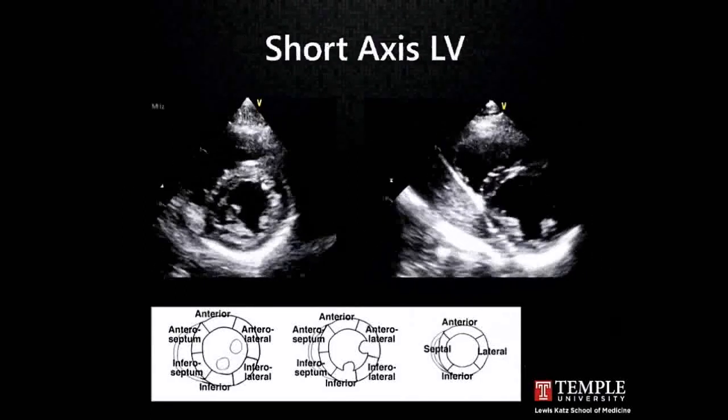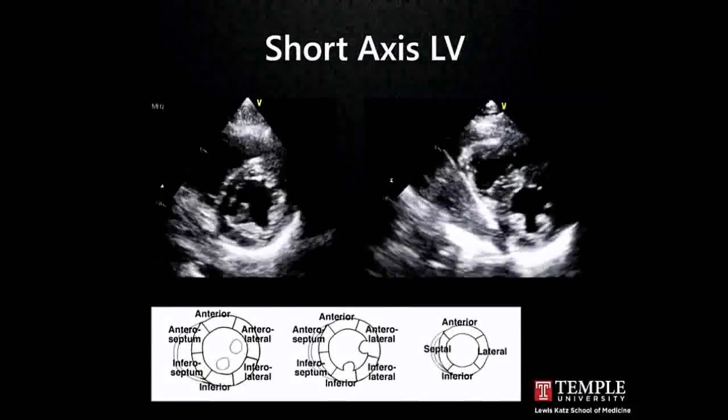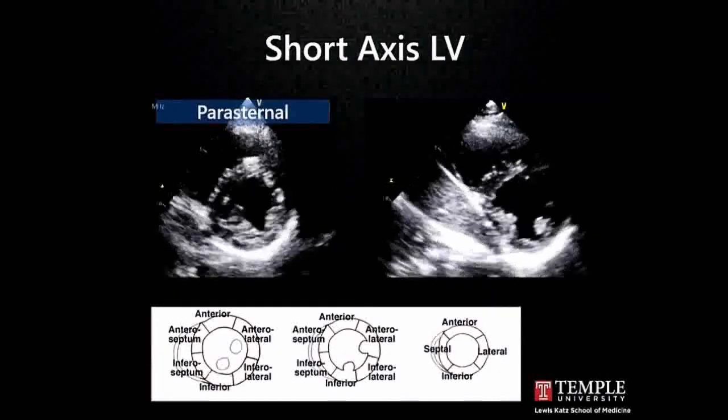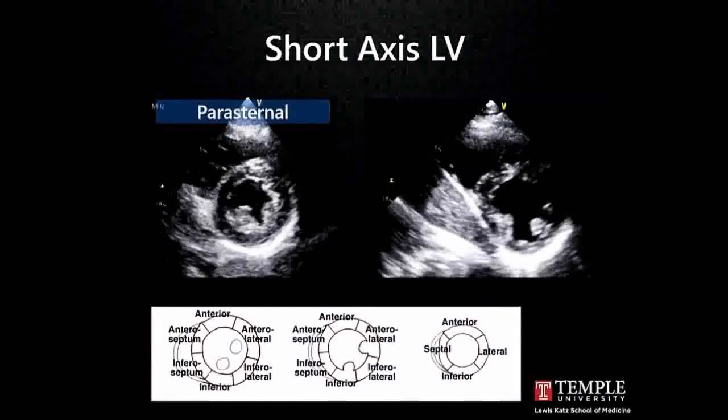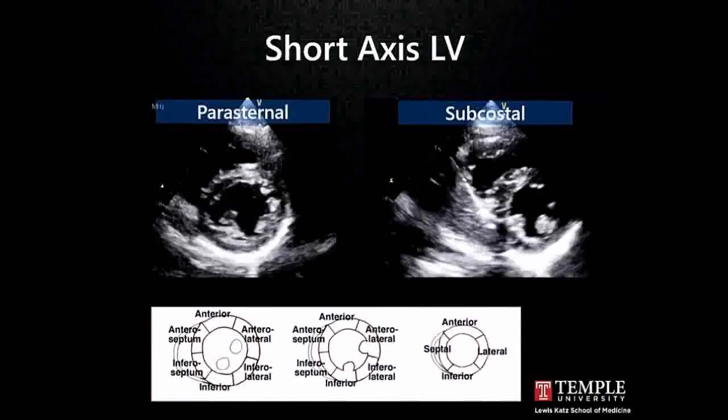Short axis, not to be neglected, right? Short axis imaging, whether you acquire it from the parasternal acoustic window or from the subcostal acoustic window, has equally necessary requirements to be on axis, so that you're looking at the same myocardial segments.